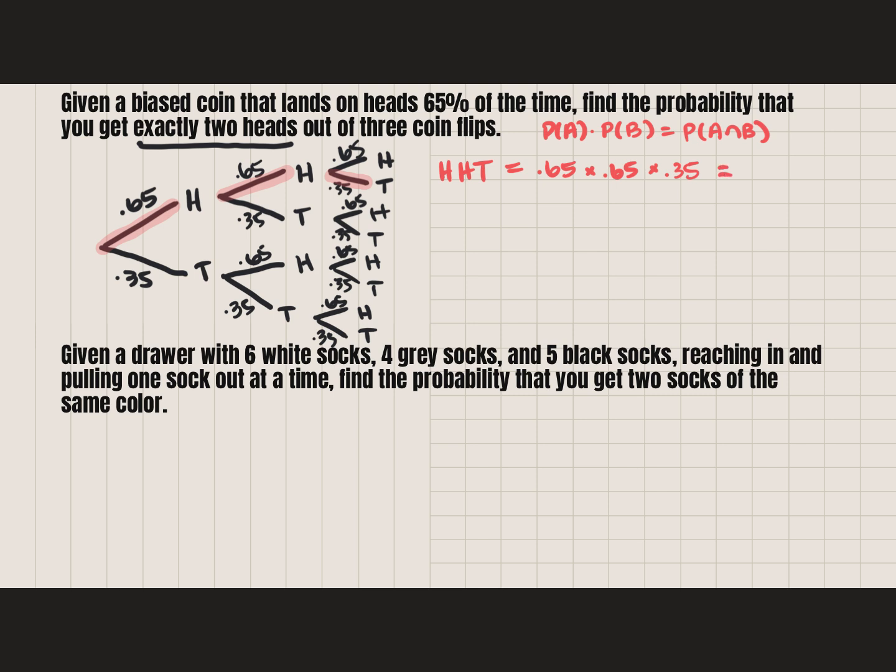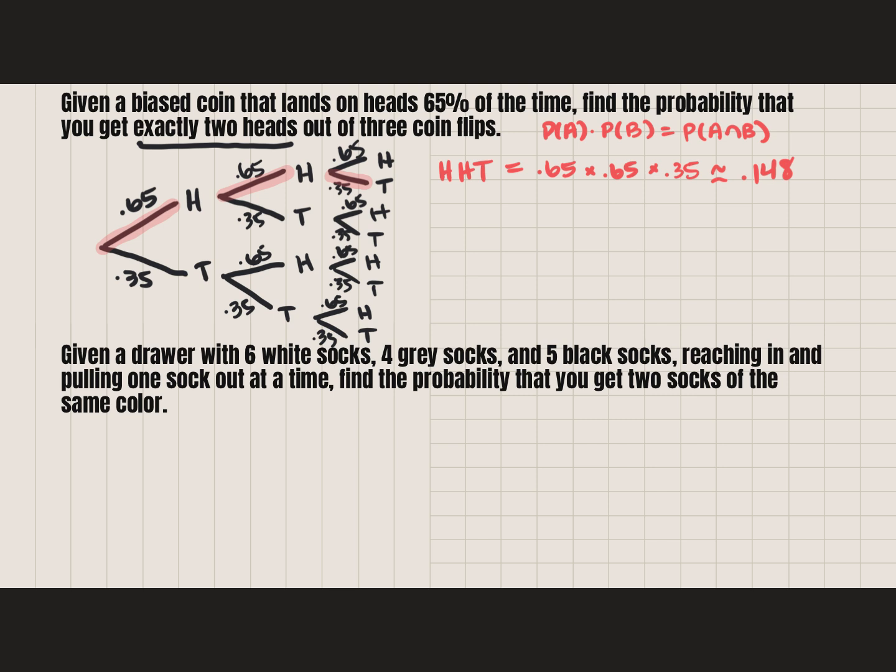Multiplying them all together, I get, rounded to 3 significant figures, approximately 0.148. Now remember, when we go and do our full calculation, I should really be using the unrounded values for all of this. And that unrounded value in this case was 0.147875. I just don't want to write out that whole thing there.